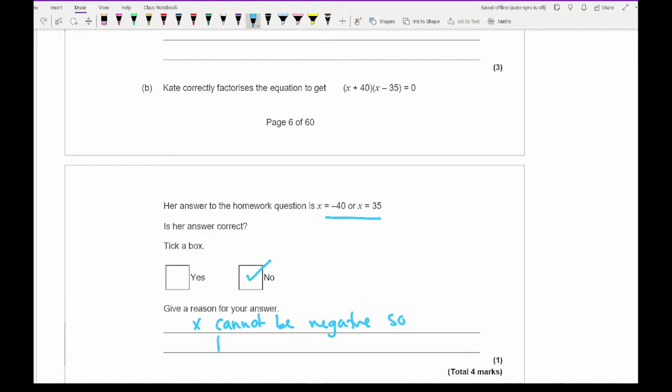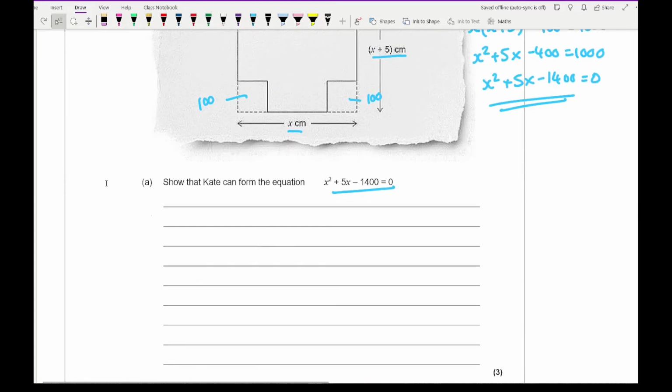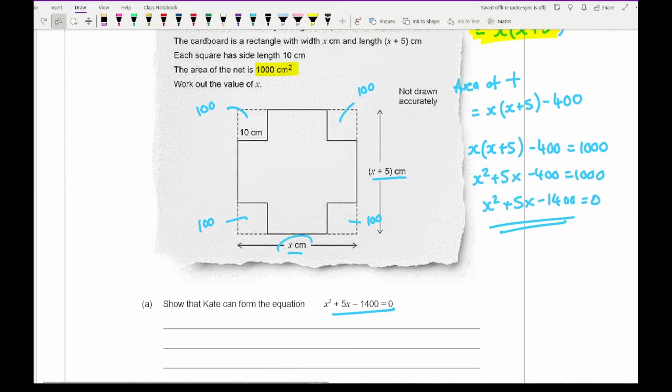So the answer should just be x equals 35. Because if you look back, you can't have a negative length here, so x can't equal minus 40, because then that would give you a space-time continuum.